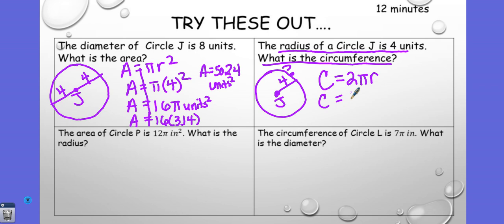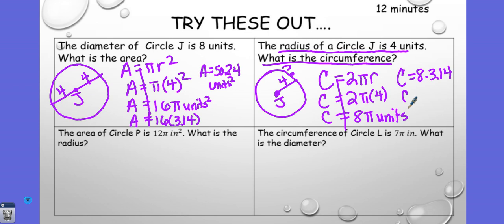So I'm going to substitute in 2 pi 4, and we get circumference equals 8 pi. You can write it this way in the exact form, or you can go and multiply it. 8 times 3.14, and you get circumference equals 25.12, and you put units on that.